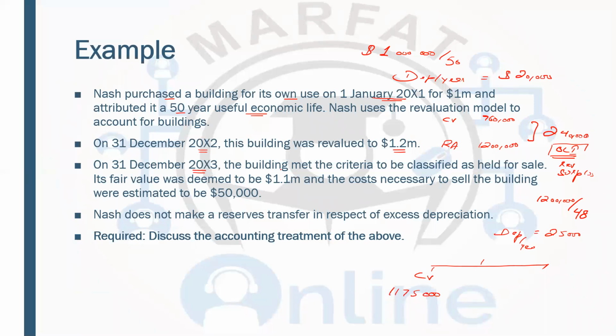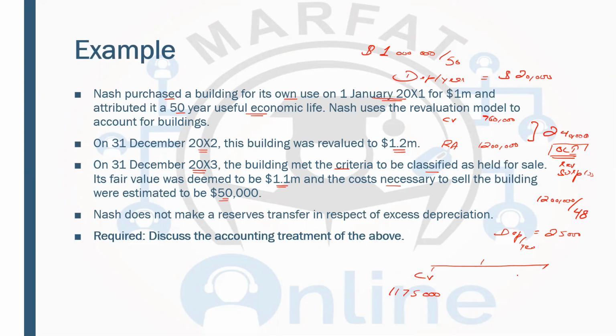On 31st December 20x3, the building met the criteria to be classified as held for sale. Its fair value was deemed to be 1.1 million, and the costs necessary to sell the building were estimated at 50,000. Now we already know that Nash uses the revaluation model. So first of all, we have to take this carrying amount to the revalued amount.